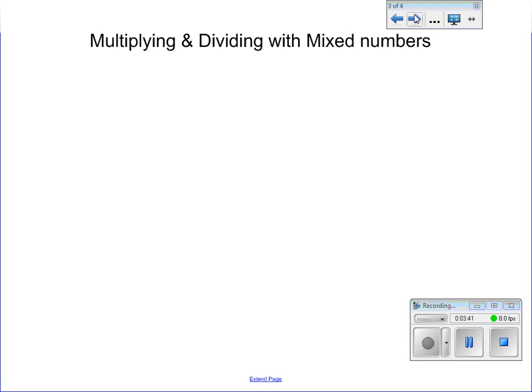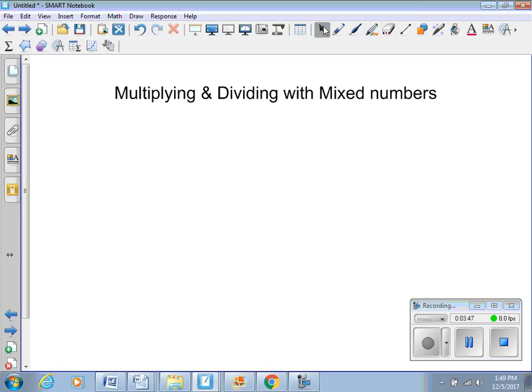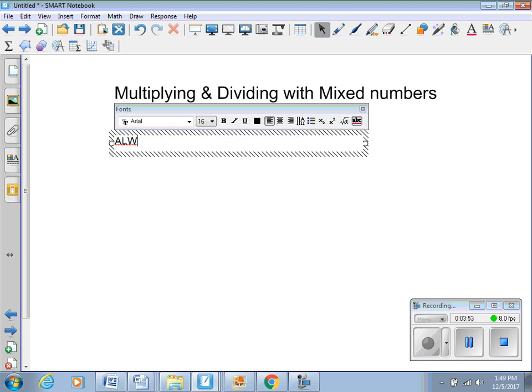Okay, well, what happens when you see this in a multiplication or a division problem? Then there's a little bit more work that you have to do. And you need to remember that before you start doing any multiplication or dividing, you will always change your mixed numbers into improper fractions.